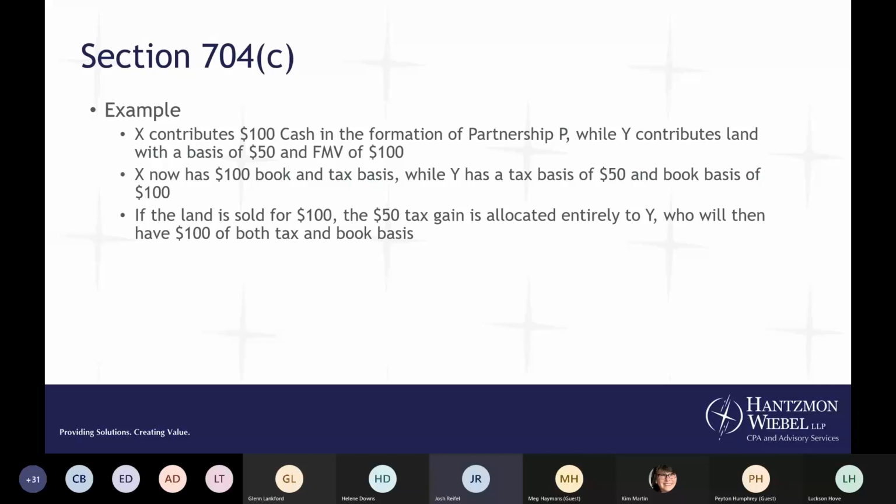So X and Y form a partnership P. X contributes $100 cash. Y contributes land with a basis of 50 and a fair market value of 100. Inside the partnership, each partner has a book basis of $100. But for tax basis, X has a tax basis of $100, the basis in the cash, and Y has a tax basis of $50.